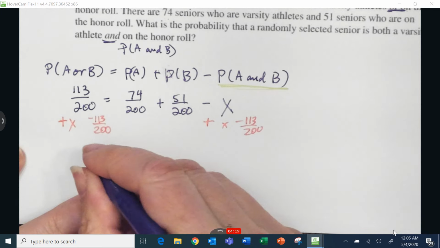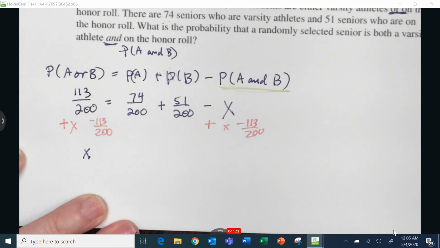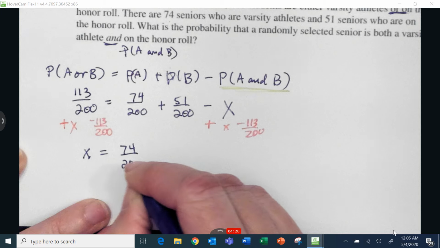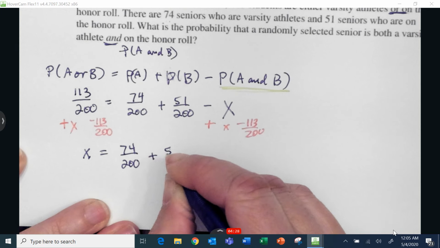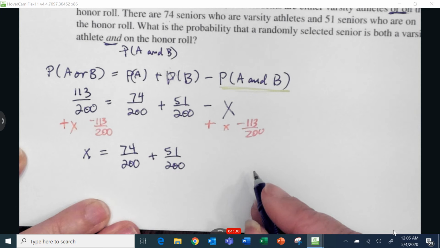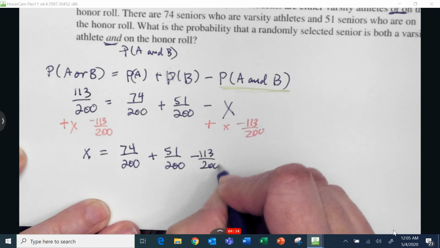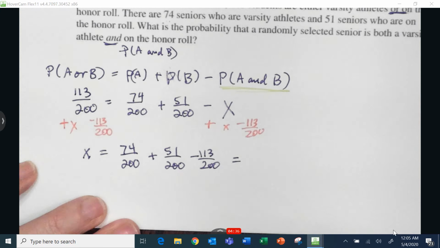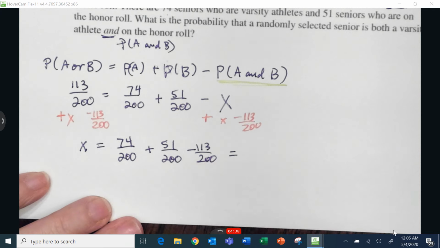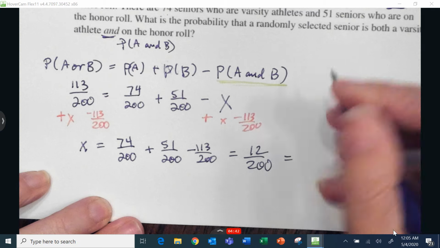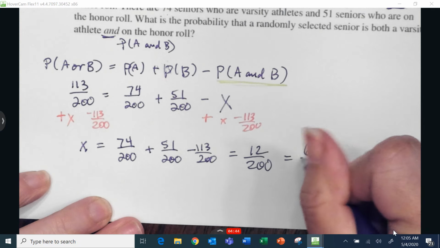So I will get X over here, which is the probability of A and B, equals 74 over 200 plus 51 over 200, and then subtract 113 over 200. So we'll go ahead and simplify that. We'll get 12 over 200, which is 6 out of 100.